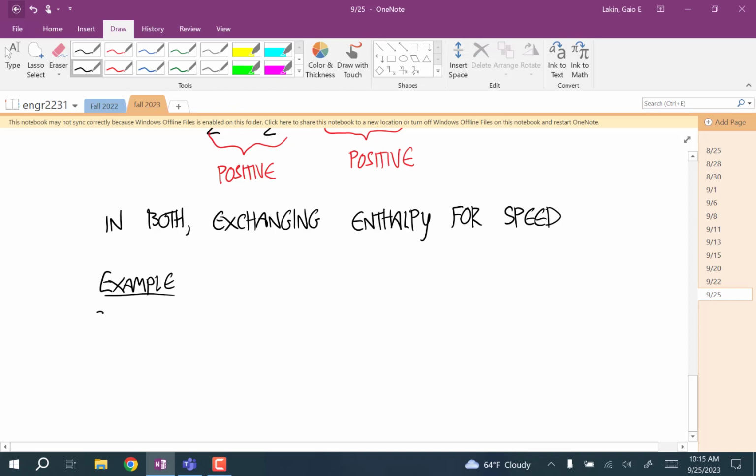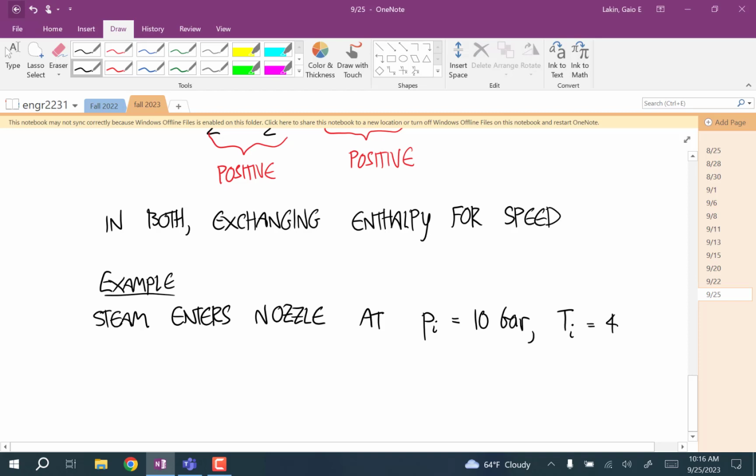So let's say that steam enters a nozzle at a pressure of 10 bar and a temperature at the inlet of 400 degrees Celsius.